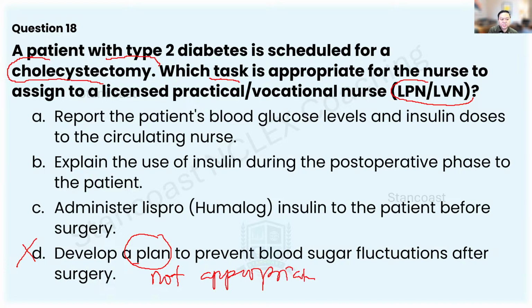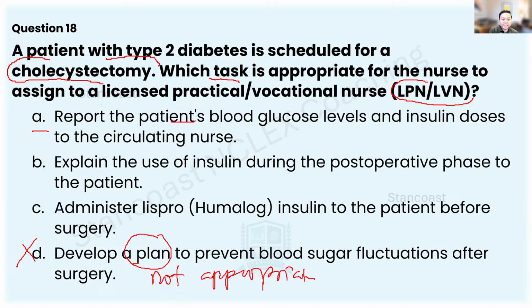If you answered letter A, report the patient's blood glucose levels and insulin doses to the circulating nurse, what does that mean? If it involves communication, or relaying information to other departments, it involves a higher level of coordination and clinical judgment, which will also require the RN's training.